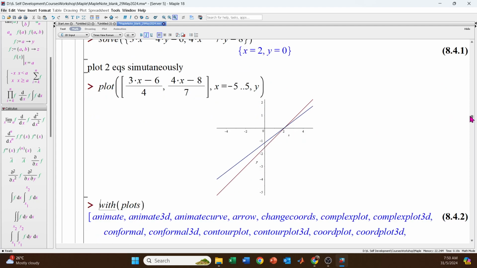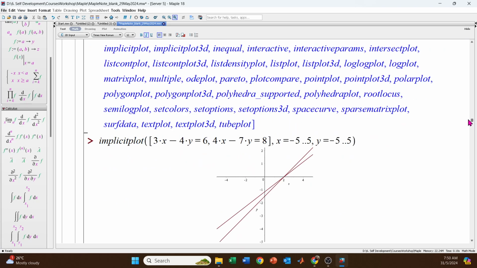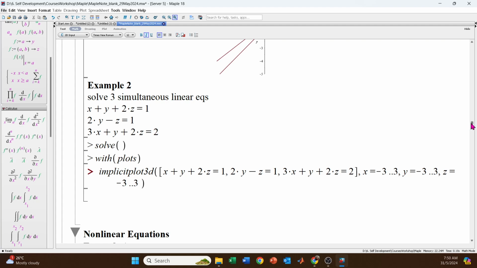But if you use implicit plot, you can define x and y in the equation, and then you must provide an interval of x and an interval of y. Now this one solves three simultaneous linear equations.